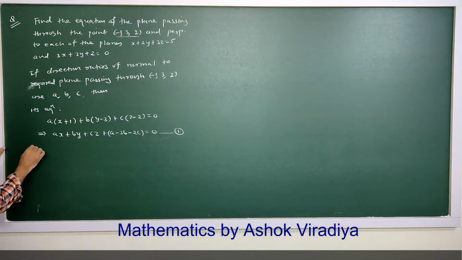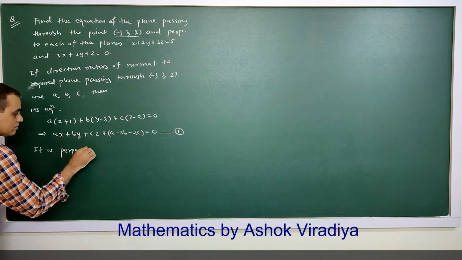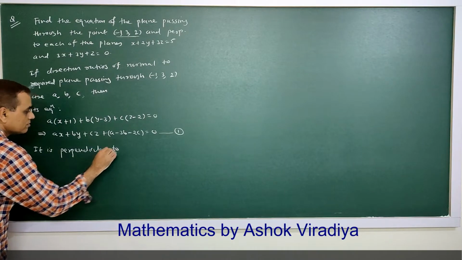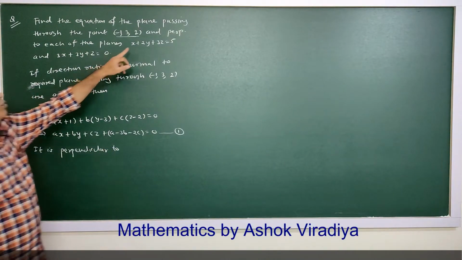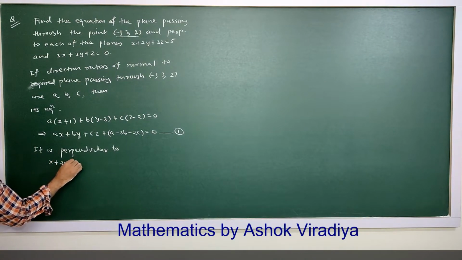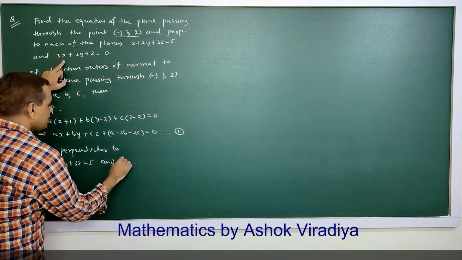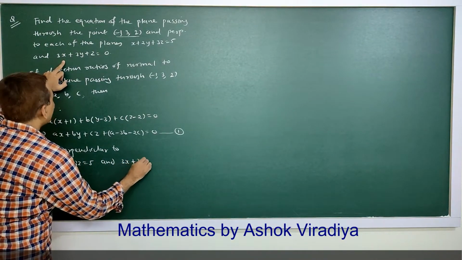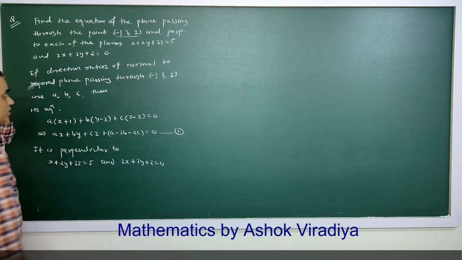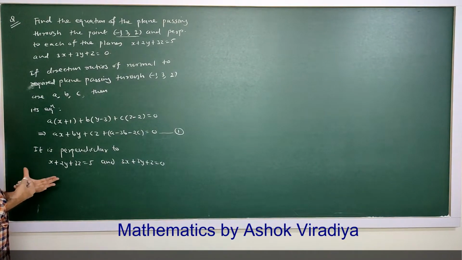Now it is perpendicular to these two planes, x + 2y + 3z = 5 and 3x + 3y + z = 0.